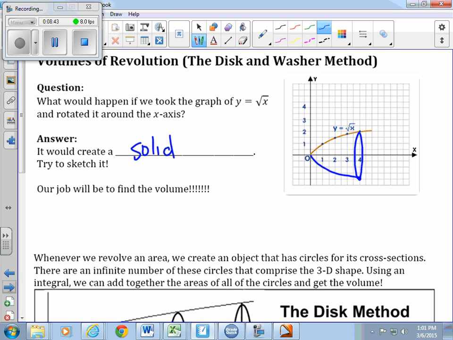Whenever we revolve around that axis, we create an object that has circle cross sections. Most books teach this first and then go into cross sections. I kind of like to teach cross sections first, which gives you the overall picture, and then this is just a special case of cross sections where the cross section happens to be a circle. We are adding up all of those circles.